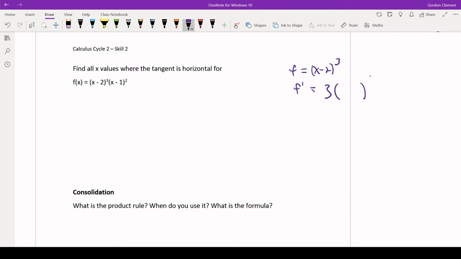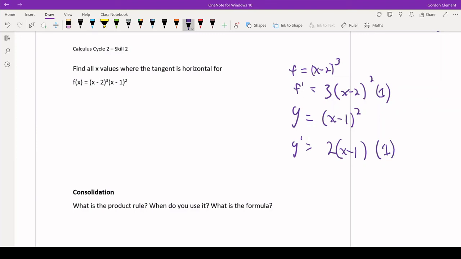Chain rule says the 3 comes down, becomes a 2, the inside stays the same, and then you multiply by the derivative of the inside, which is just 1. Same sort of thing. The 2 drops down, becomes a 1, multiply by the derivative of the inside, which is just 1.